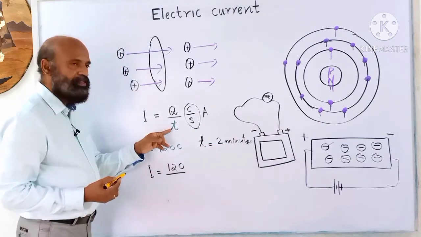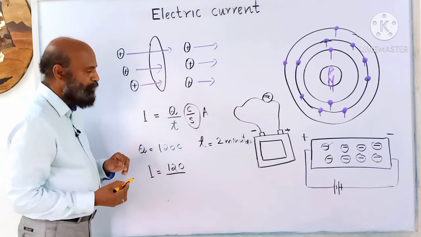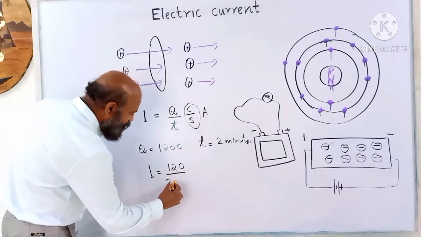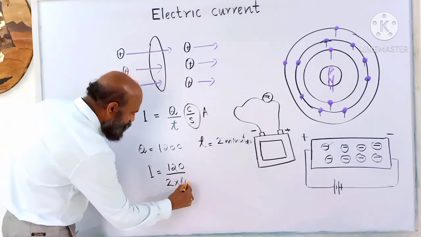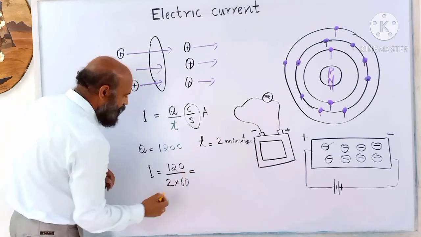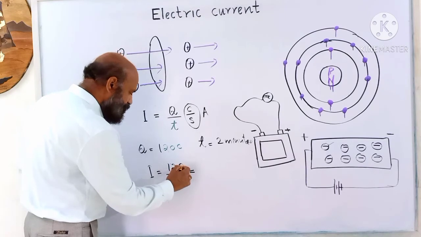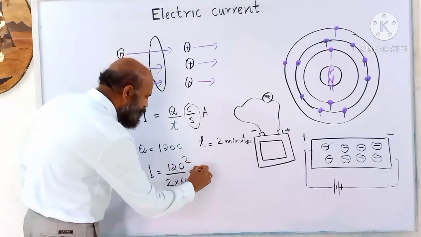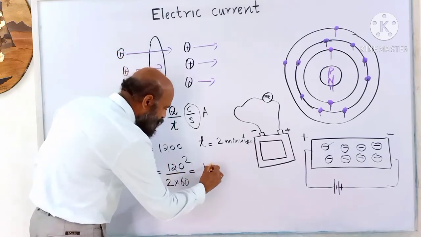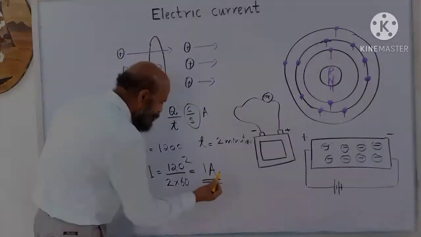Before substituting in the equation, you have to convert it into seconds. So 2 into 60. After cancellation, 2 divided by 2 is 1. So current is 1 ampere.